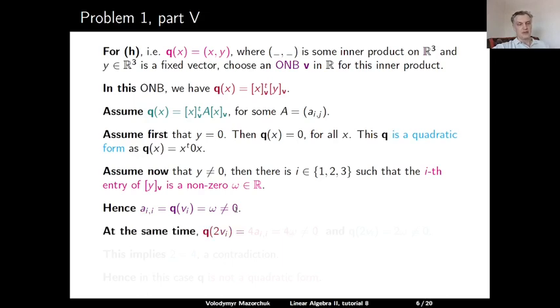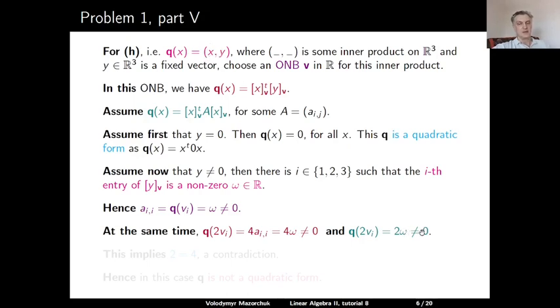And now we evaluate the quadratic form at 2Vi. Using the matrix expression, this gives us 4 times AII, which is equal to 4 omega, and this is a non-zero real number. If we evaluate using the scalar product expression, we will get the inner product of 2Vi with y, because we multiplied by 2 the vector x. And this is equal to 2 omega, because the scalar product is linear with respect to the first variable.